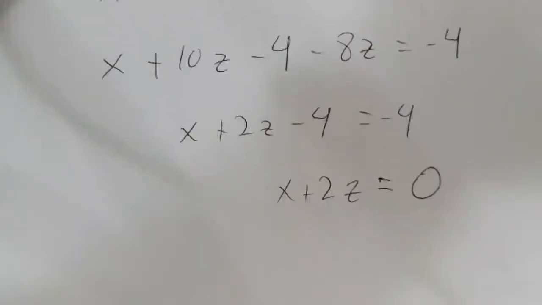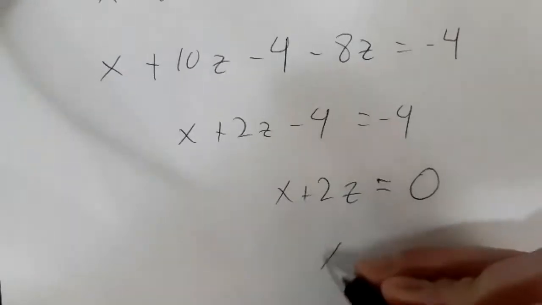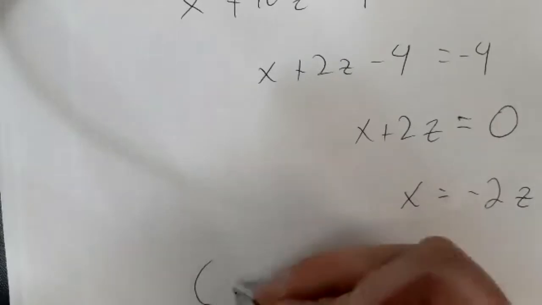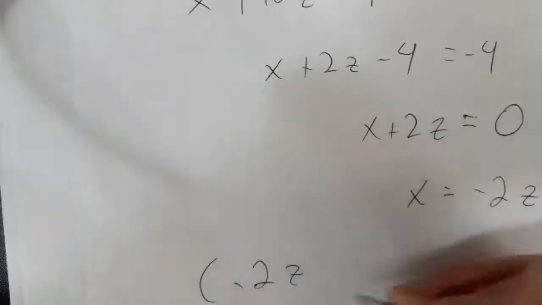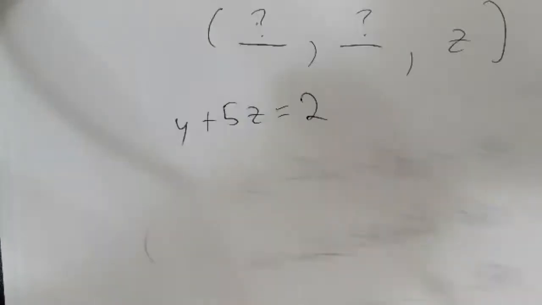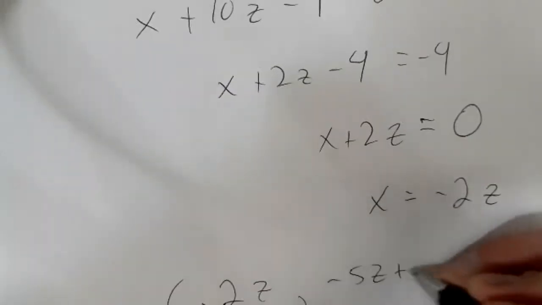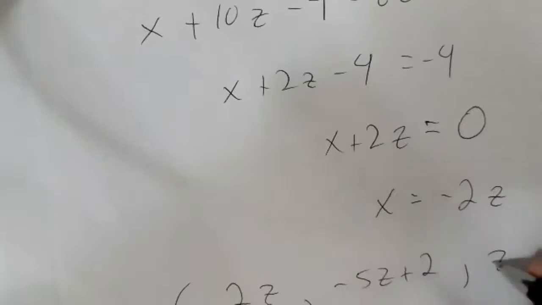Okay, so that is important to write that over there. So don't drop that. We're adding 4 to each side. We want to solve for x in terms of z. I got to subtract. So going and recapping this thing, x looks like minus 2z. y looks like minus 5z plus 2. And this thing looks like z.